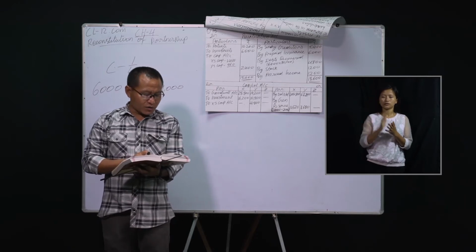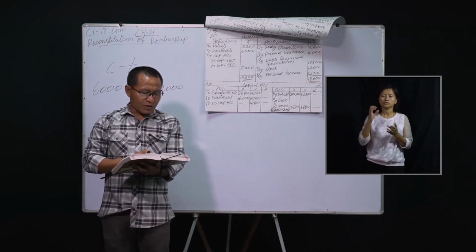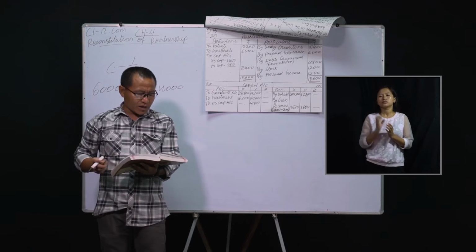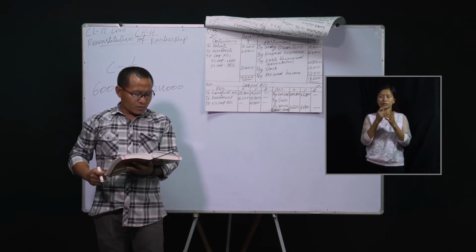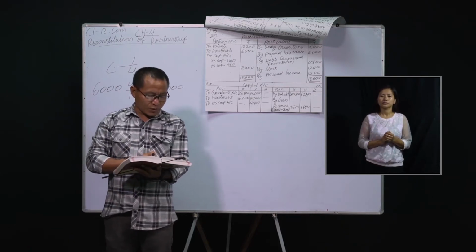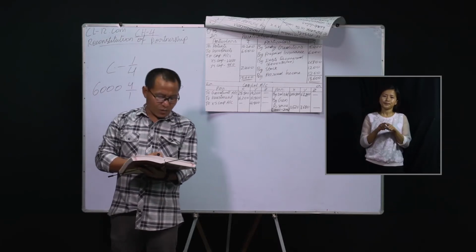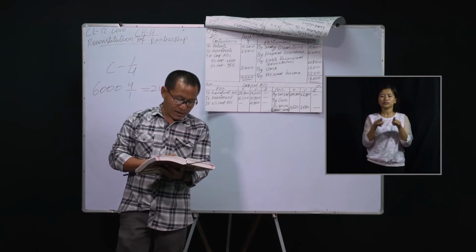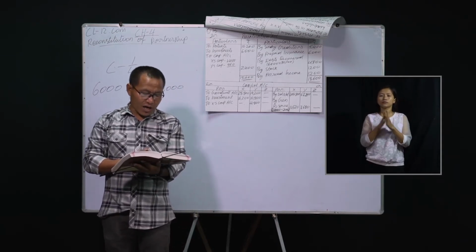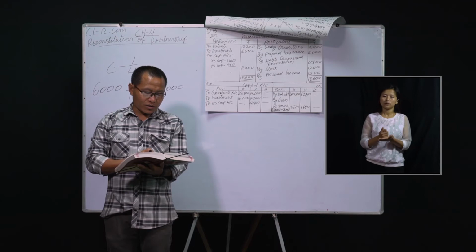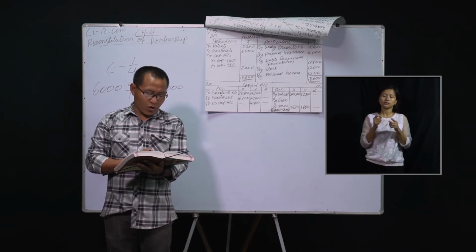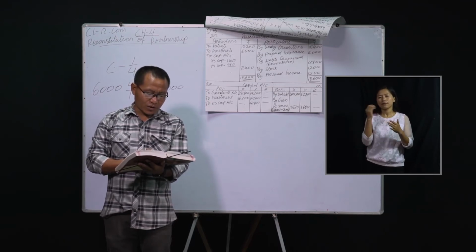On the liability side, you have creditors, workmen's compensation fund, then employees provident fund, general reserve, then X's capital and Y's capital. And on the asset side, you have cash at bank, debtors less provision, stock, investment, patents, goodwill.